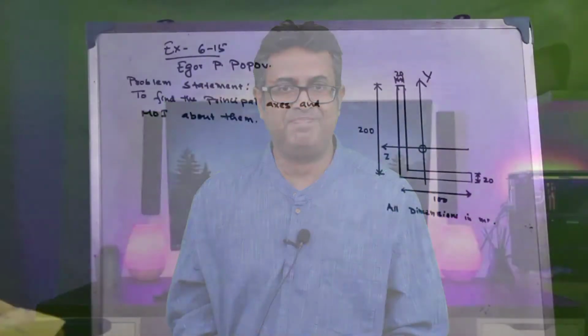But what would we do in case we have a section like an angle section, which is unsymmetrical and where it wouldn't be easy to find out the axis of symmetry? So we will see in a moment.